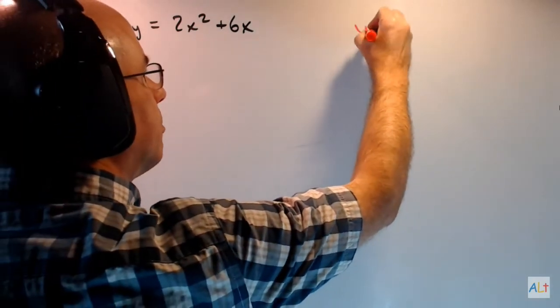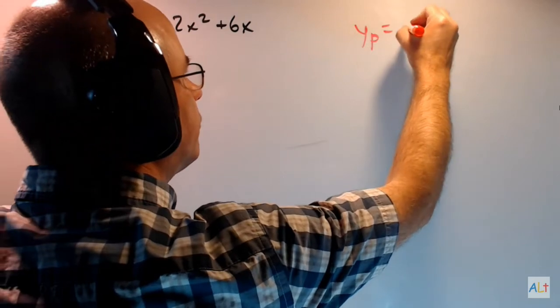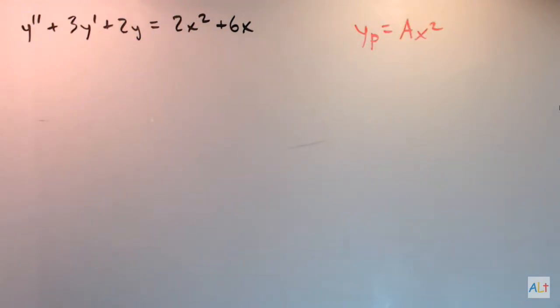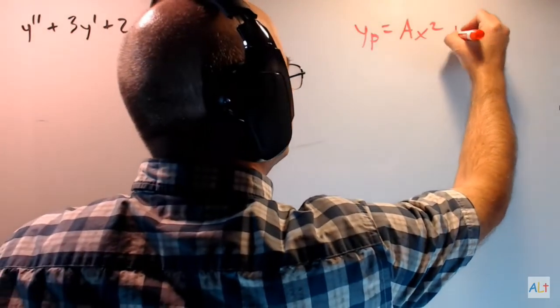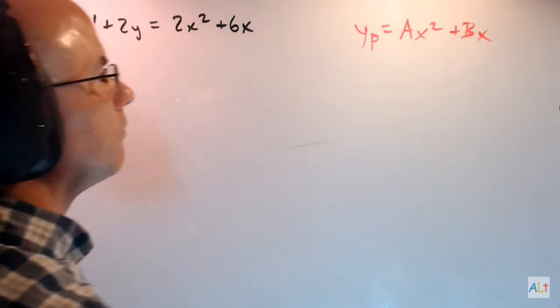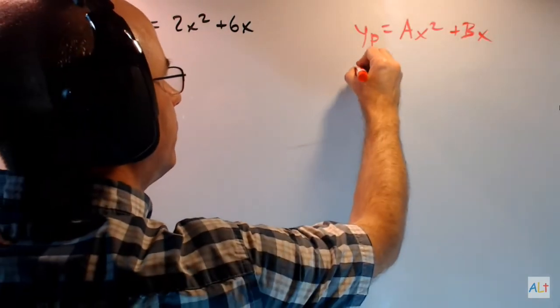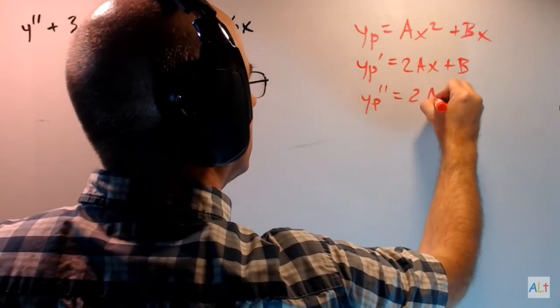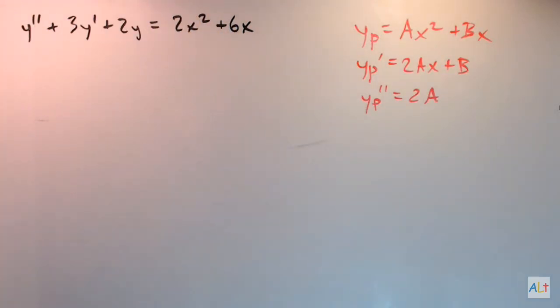So we expect our particular solution to have an x squared term, but we don't know what the coefficient is yet. So I'll just call it ax squared. But maybe we need an x term as well. So I'll try bx. Now, if you take the derivatives of these, you'll get this. Now, notice we have some constant terms there.